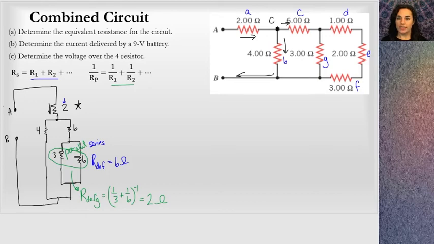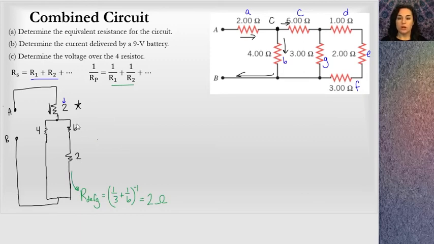So instead of having these 2 resistors here in parallel, I'm going to get rid of them, and I'm just going to have a single resistor, RDEFG, here, and this is a 2 ohm resistor.